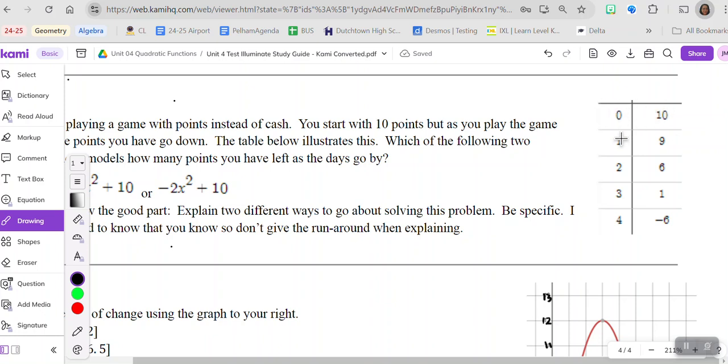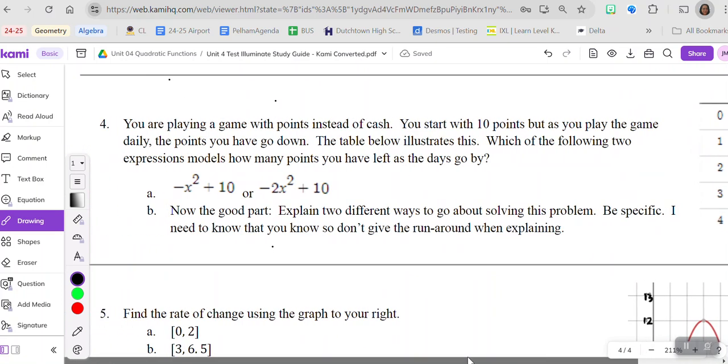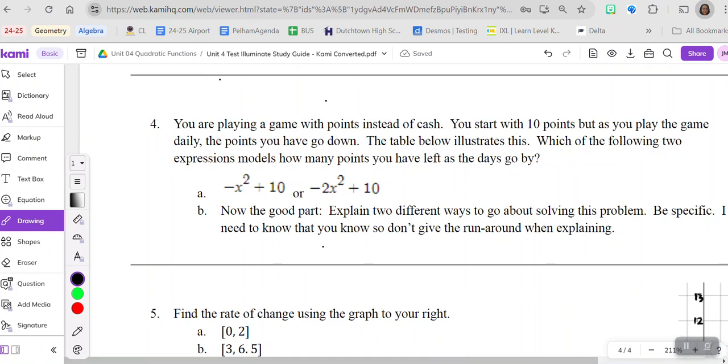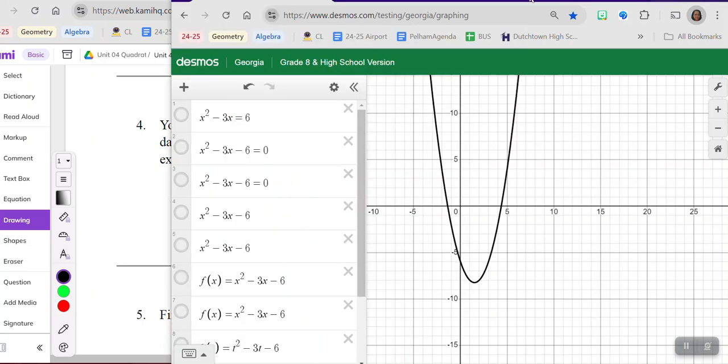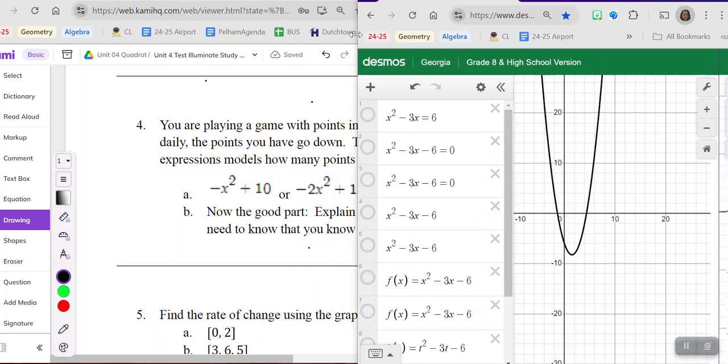0 days, you had 10 points. After 1 day, you have 9 points. After 2 days, you have 6 points. After 3 days, you have 1 point. 4 days, you have negative 6 points. So the first thing you would do is graph the equation. I think I need to clear all this stuff.